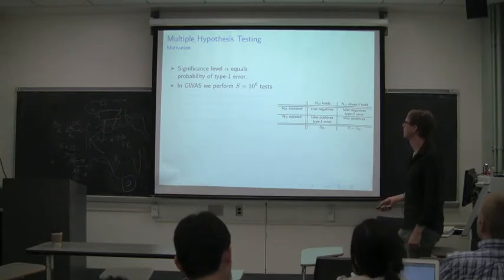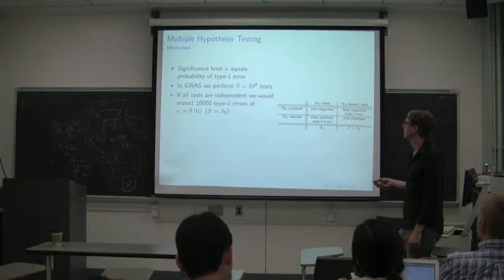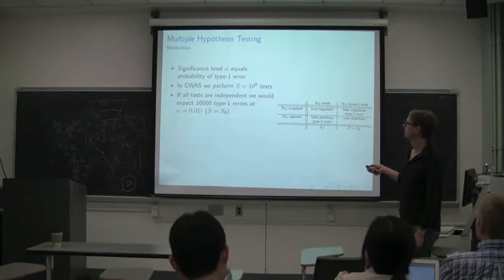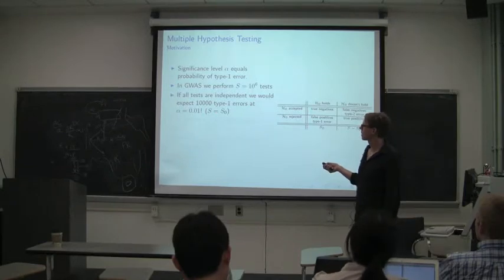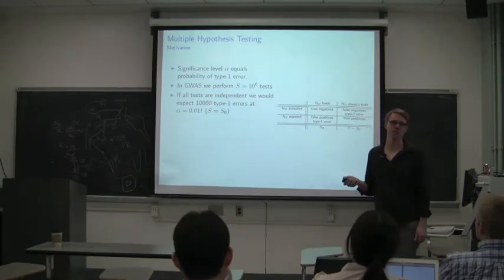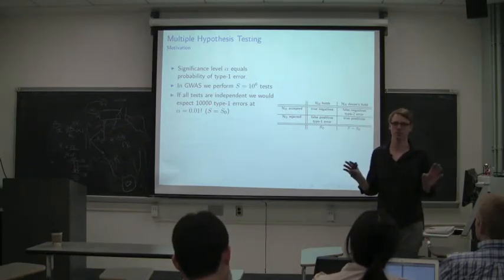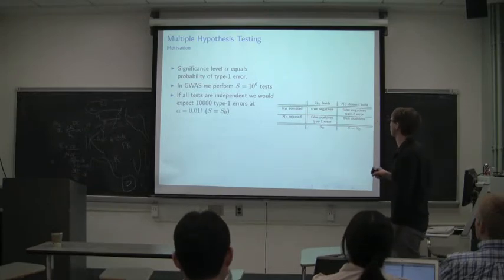Well, if all of these actually were null distributed, then at an alpha of 1%, we would expect something around 10,000 false positives, even though nothing is really positive.